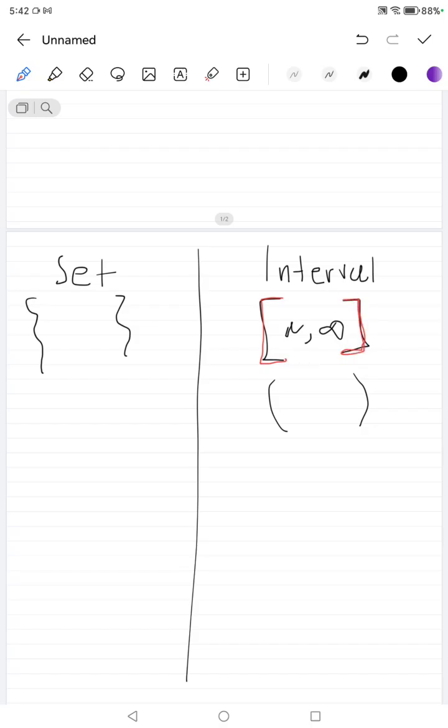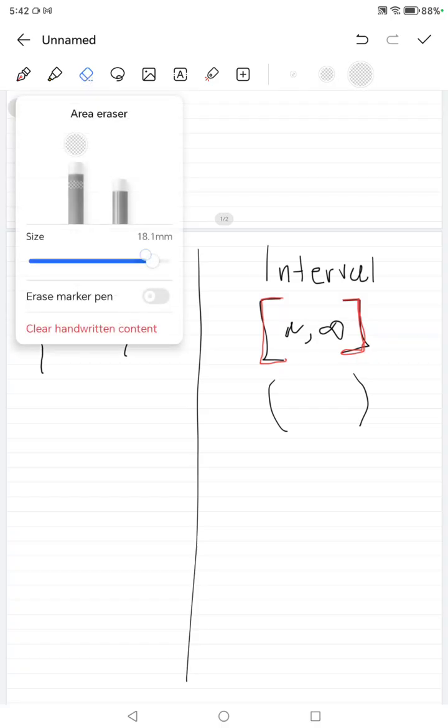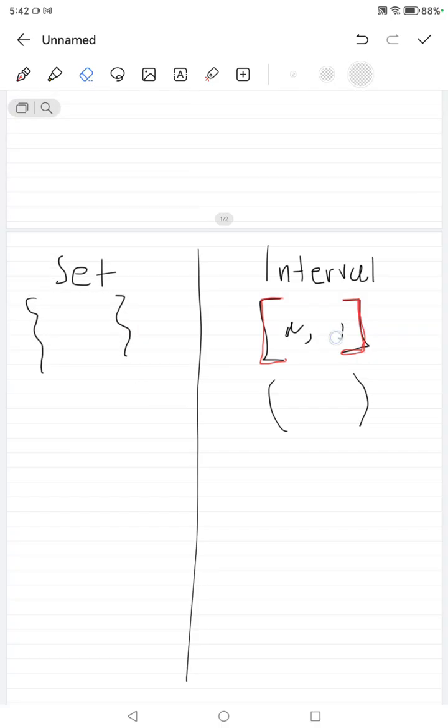Let me just change this to the other value, okay, now we have 5. So now it just basically means that we are going to only consider everything from your a up until 5 and including 5.